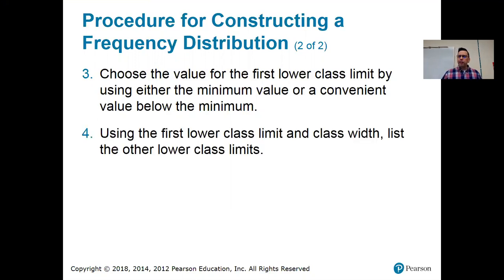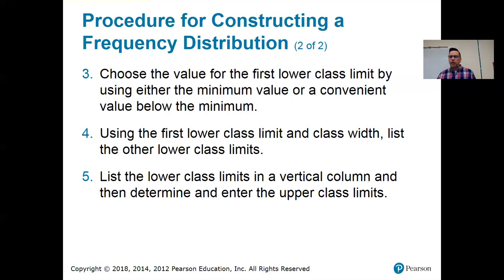All right, using the first lower class limit and class width, list all the other lower class limits. Start by listing all the lower class limits and then go back and fill in your upper class limits. And again, I'm going to walk you right through the example.